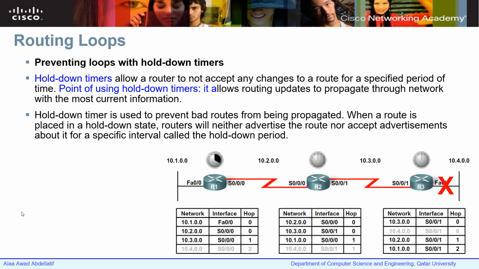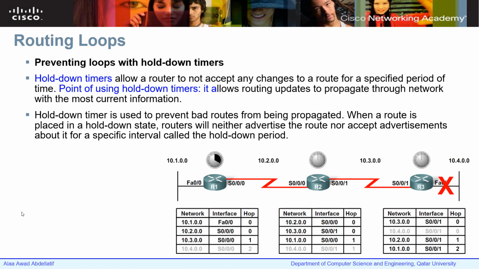This causes a problem. To avoid this, we will put this entry into hold. So when I receive any information about this route, I will not update my routing table because it's in hold until this information reaches all other routers and all of us update this entry: it's unreachable, it's unreachable, it's unreachable.